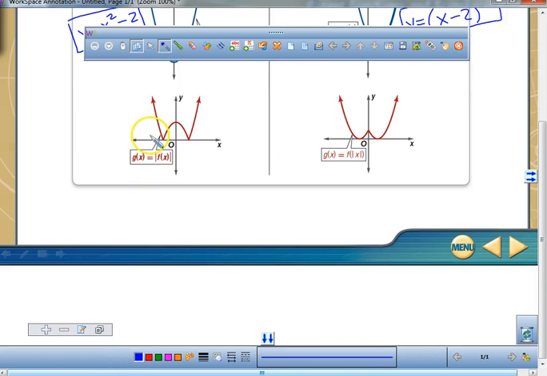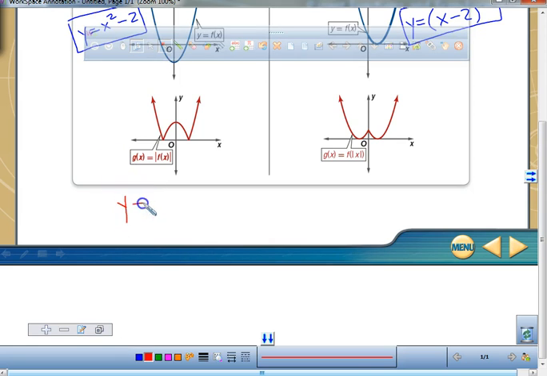Alright, on this graph right here, I would like you guys to write y equals, and put absolute value bars, and put x squared minus 2 inside of those bars.